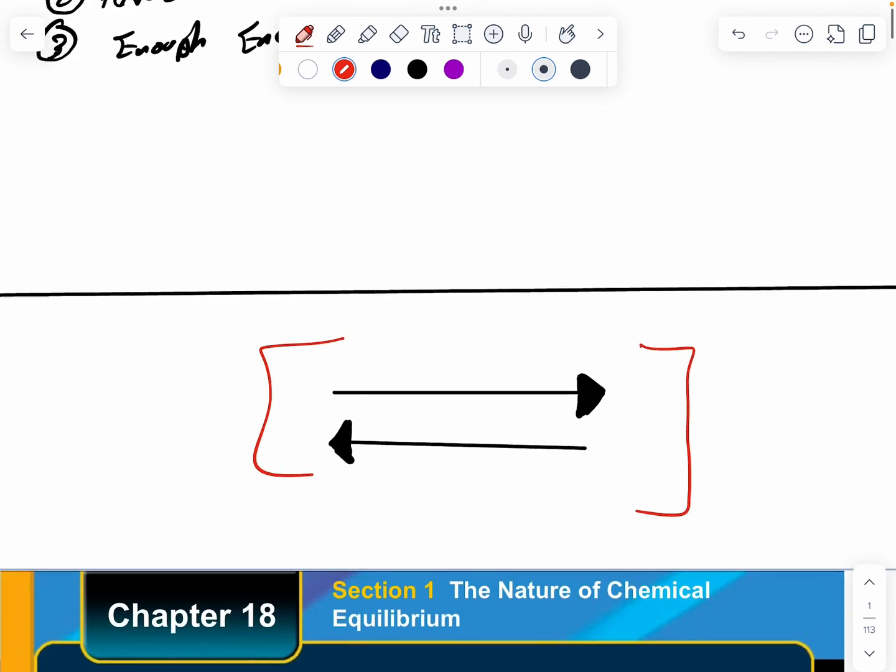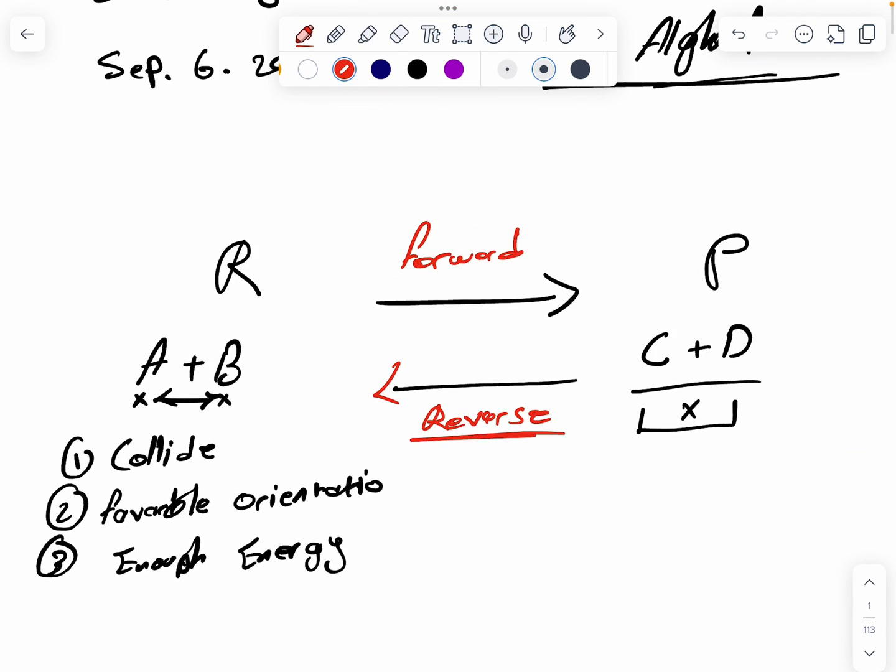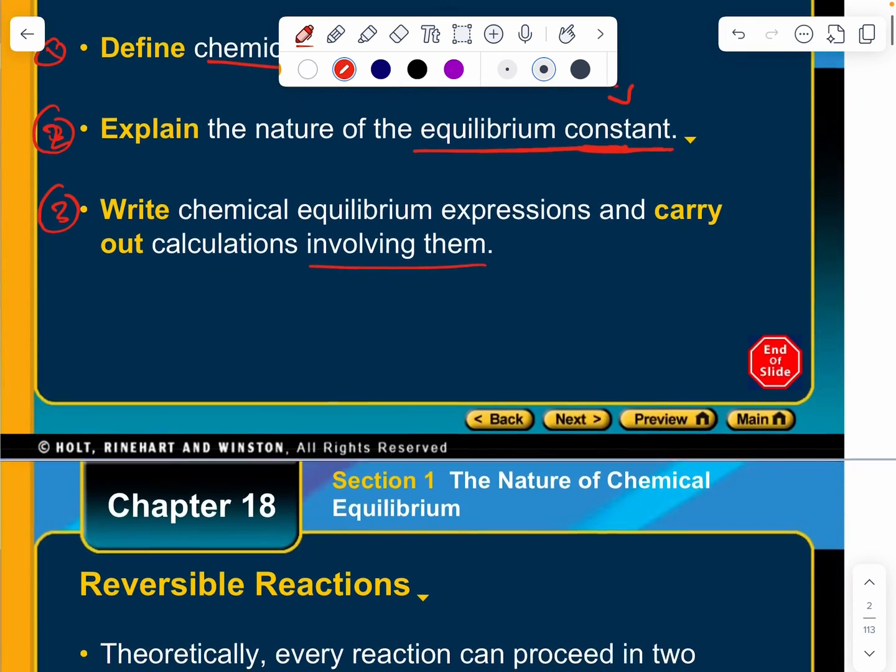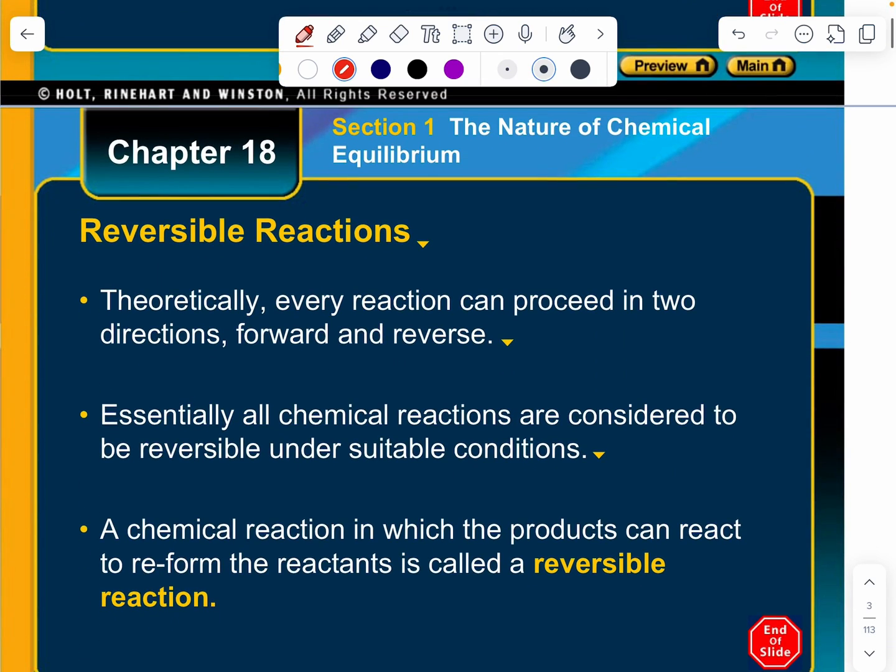Okay, let's go. One, when we say reversible reaction, that means we have two reactions at the same time: a forward reaction and a reverse reaction. If we have both at the same time, this is a reversible reaction. Theoretically, every reaction can proceed in two directions.